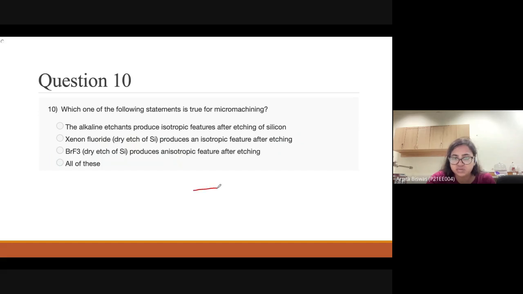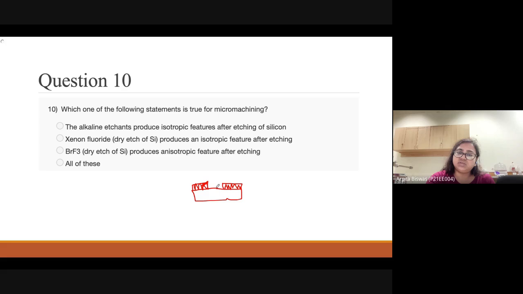Say there is a silicon structure, and here we use a mask, like a passivation oxide layer. Now we want to etch it with something like TMAH or KOH. This is the dielectric SiO2, and under it the silicon wafer is present. For silicon etching we can use the TMAH process or KOH.